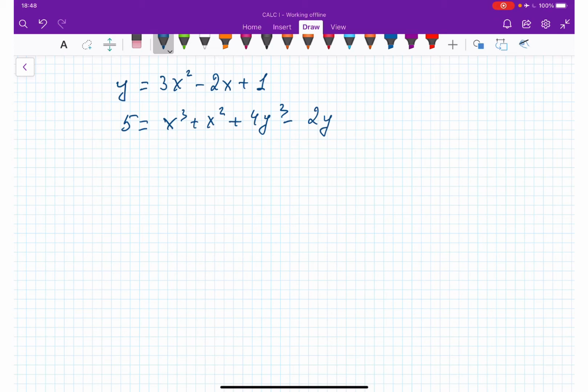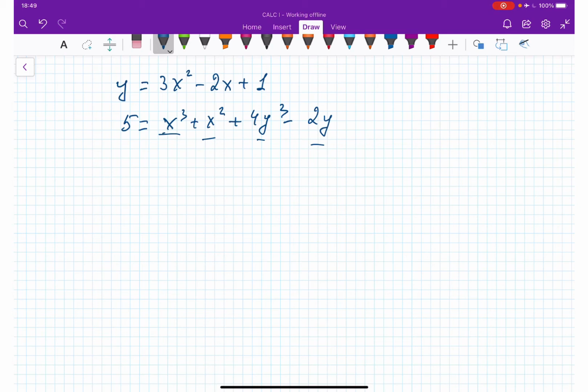Why is it implicit? Because we can't just differentiate based on only x or based on y. We have more than one, x and y. Okay? This is what we call implicit form of function.